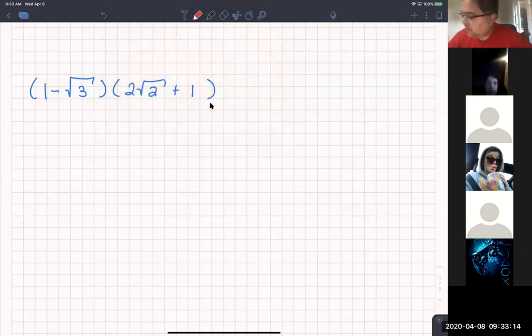Okay, so the first, what do I get when I multiply the first terms? 2 root 2. Okay, then I do the outside, what do I get? 1.